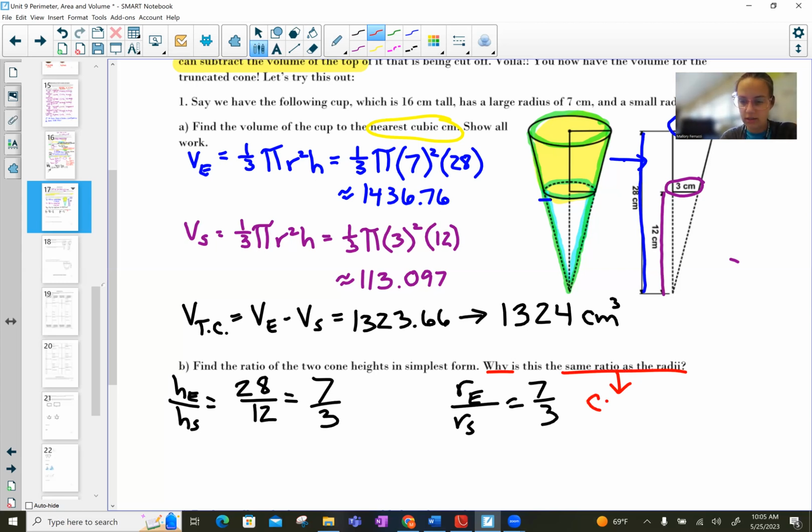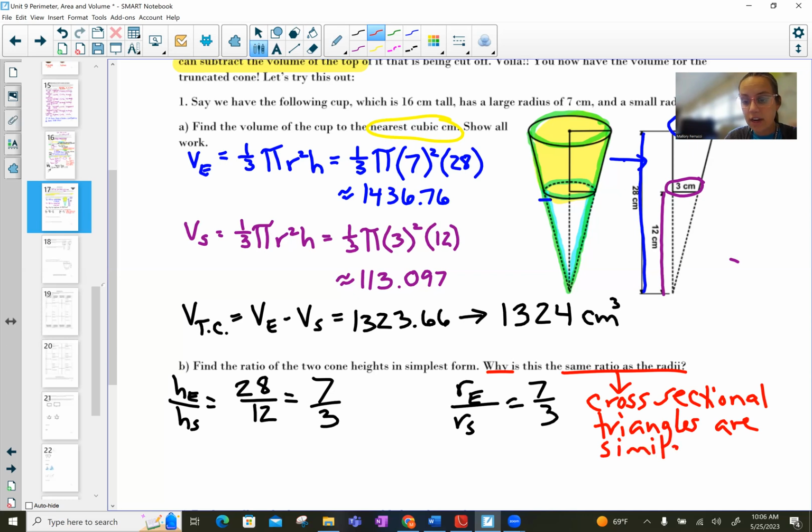is that the cross-sectional triangles, meaning the flat ones we see right here, are similar.